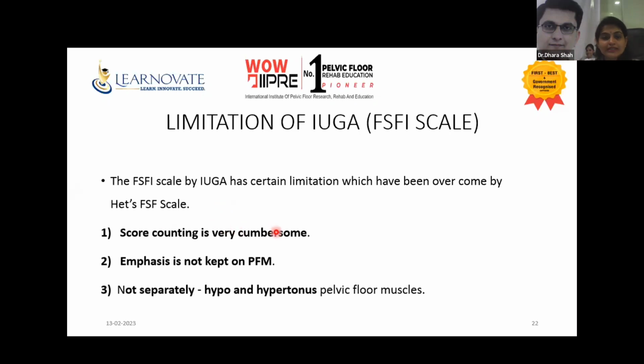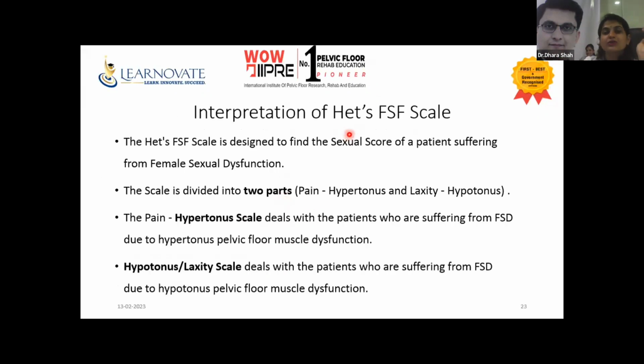Plus, it has not been designed keeping the pelvic floor in mind. It is purely a scale designed for the urologist and the gynecologist. So it is not differentiating a hypertonic pelvic floor from a hypotonic pelvic floor. And this limitation is taken care of by Desai sir through the FSFI, that is Head's female function scale, which has the component of laxity as well as pain.